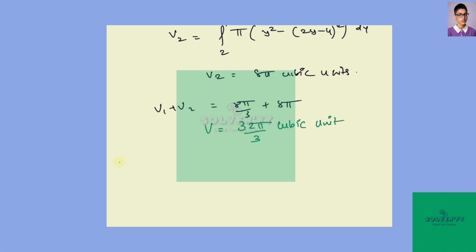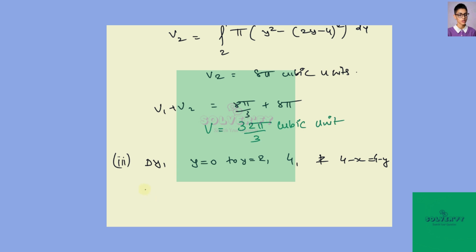Now for the third part, we need to consider the thickness as delta y, with y equals 0 to y equals 2. Here we have outer radius 4 and inner radius 4 minus x, which is equal to 4 minus y.